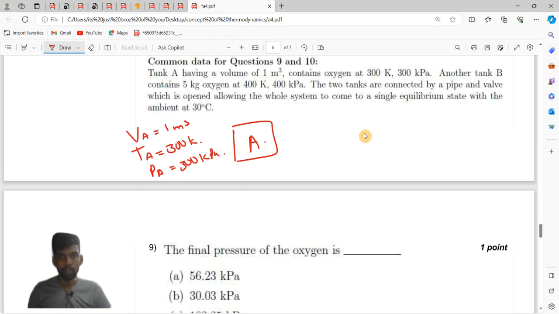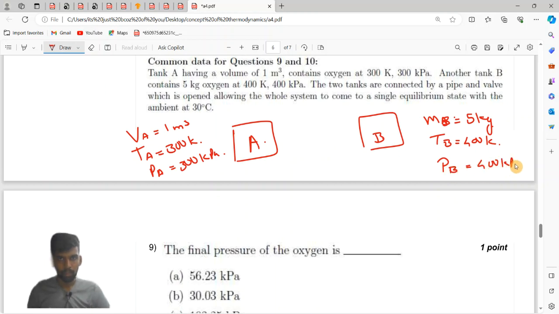And another tank we have, B, which contains mass of oxygen 5 kg, temperature of oxygen is 400 Kelvin, pressure of oxygen in tank B is 400 kPa. Two tanks are connected by a pipe.